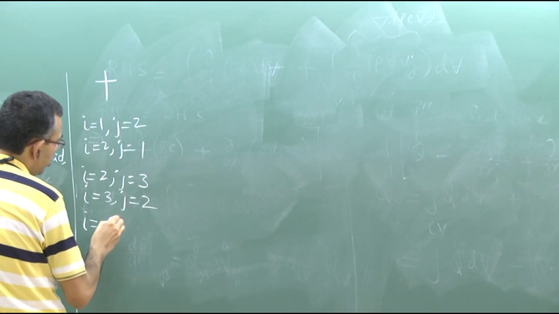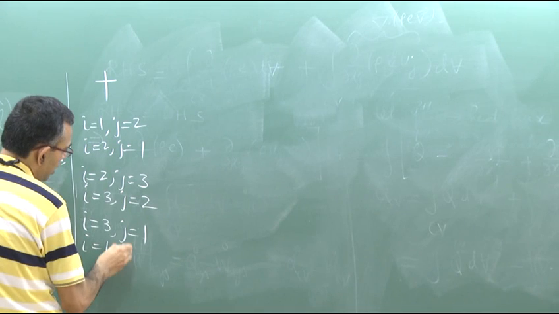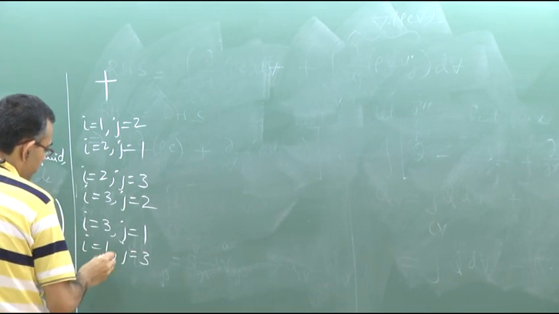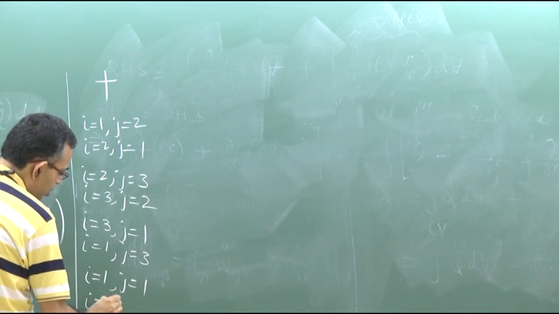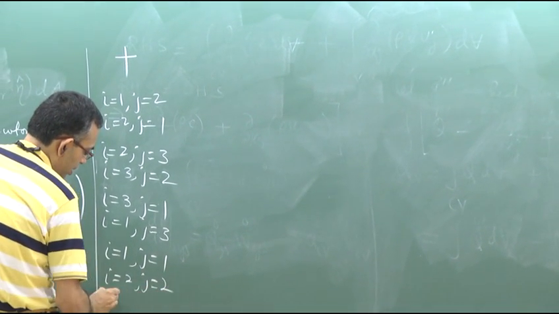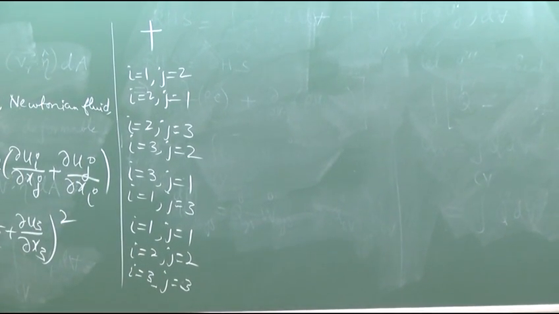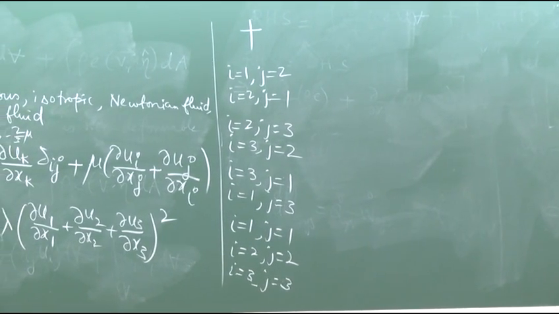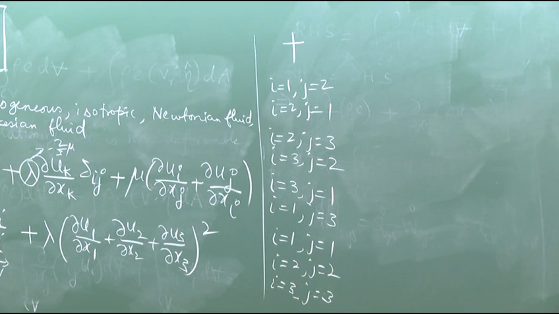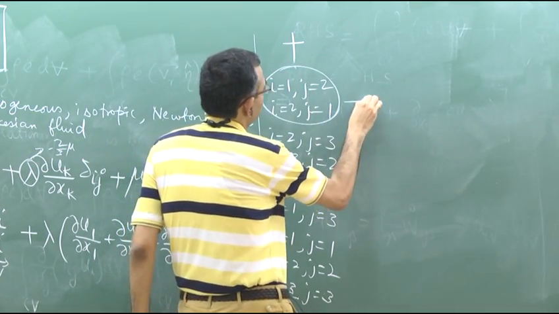Then i is equal to 3, j equal to 1, i equal to 1, j equal to 3. This is another set. Then i is equal to 1, j is equal to 1, i is equal to 2, j is equal to 2, i is equal to 3, j is equal to 3. Total 9, right. So first we will consider this set.